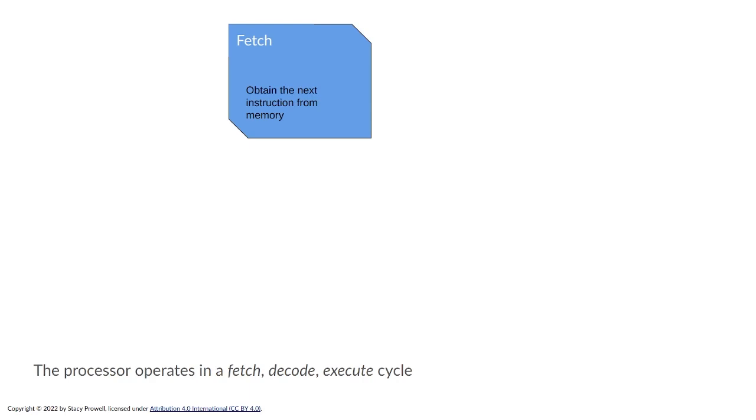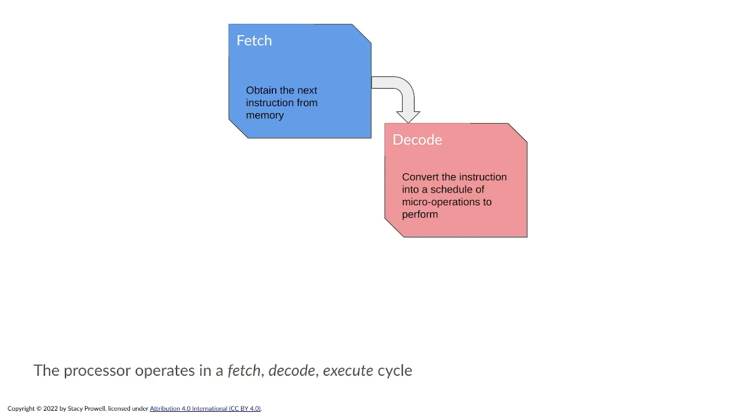Fetch goes and gets the next instruction at that memory address and loads the bytes that make up that instruction into the processor. Once they're there, the processor has to decode them. It takes those bytes and it converts them into a schedule of micro operations. Modern processors, even RISC processors where you have fairly simple instructions, break a single instruction down into many sub instructions.